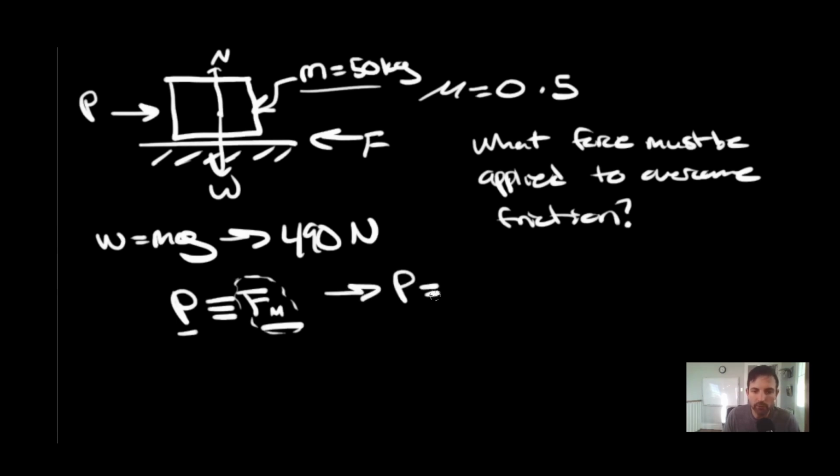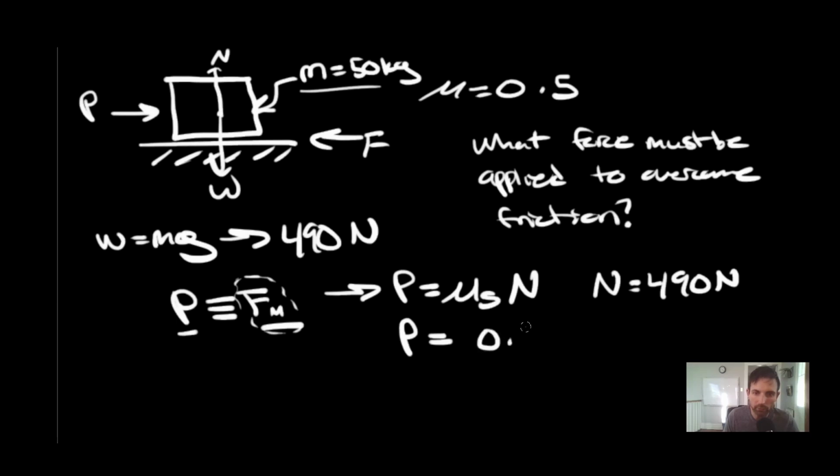Okay. So let's go ahead and write that. So now P will equal the coefficient of static friction, because we're at rest and we want to know what it takes to break it loose, times the normal force. So what is the normal force? The normal force is equal and opposite of the weight, which equals 490 newtons. So our force it takes to move the block is going to be 0.5 times 490 newtons.